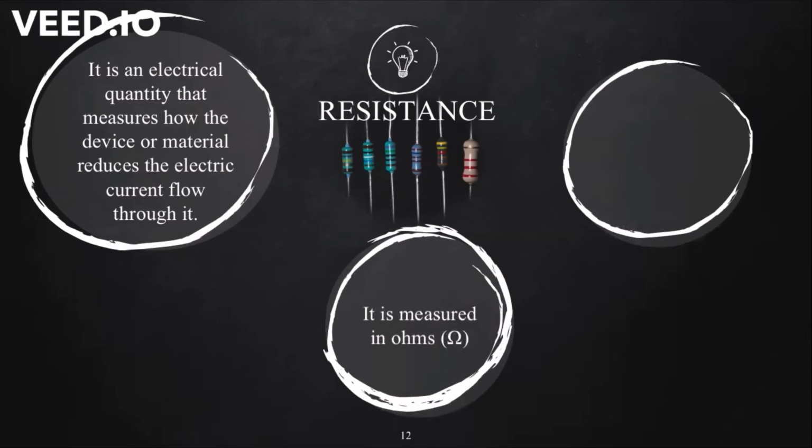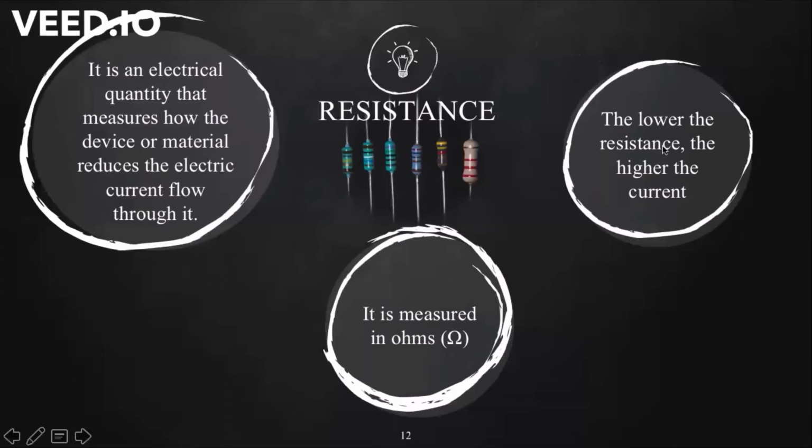Now, resistance is measured in ohms, and this is how you write ohms. This is the symbol for ohms. Also, as I mentioned earlier, resistance and current have a connection. So they are actually inversely proportional to each other. Inversely proportional means that if one value is high, the other value is low.